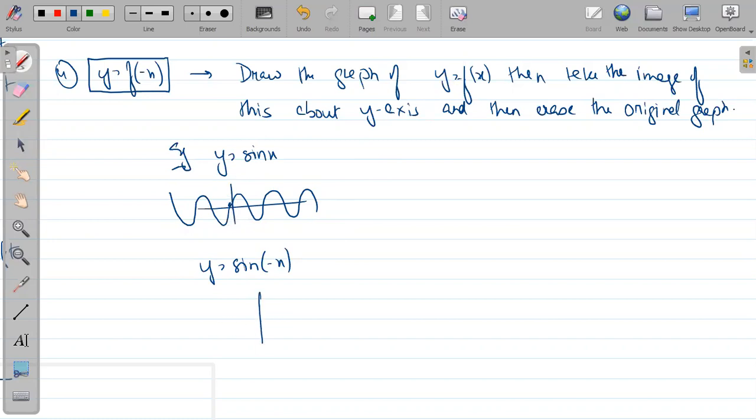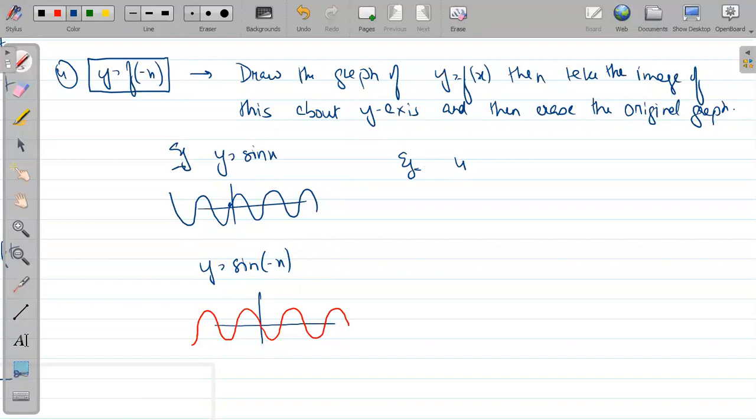So what graph will you get? If you take the image, this part you are getting this part. Will you get an image somewhat like this? After taking the image, the blue color graph should be removed. So you will get this red color graph. This is the funda. Are you getting my point?